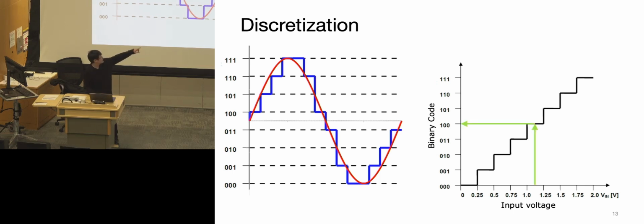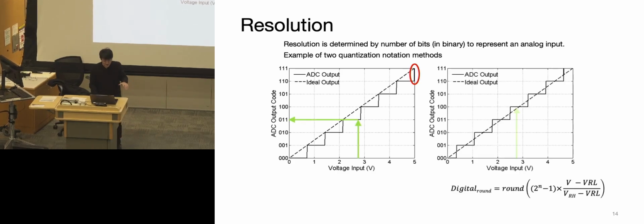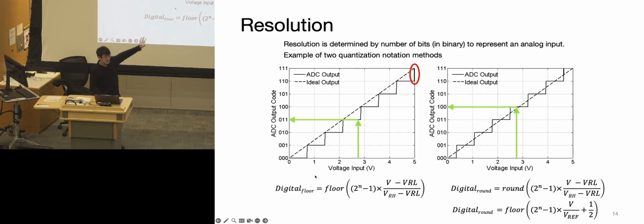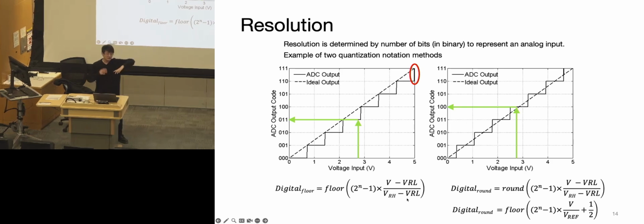So just to give you some idea of how they actually get calculated, we have this. Okay, here we go. On the left is the most intuitive one, where we just floor everything down. We have the data V that's being measured on the ADC input, and then VRL and VRH are the reference voltage low and reference voltage high.